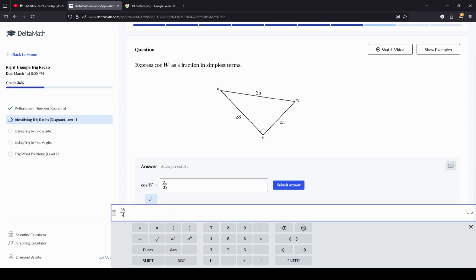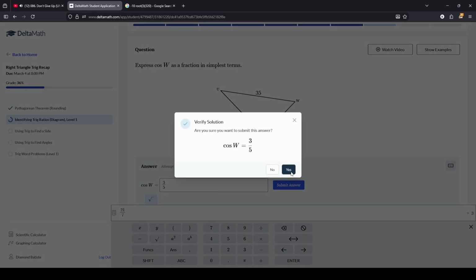Next, we have to go here and just start strangling this. 7 should be the smallest they can get, so 3 and 5, right? Yeah, okay, that should be it.